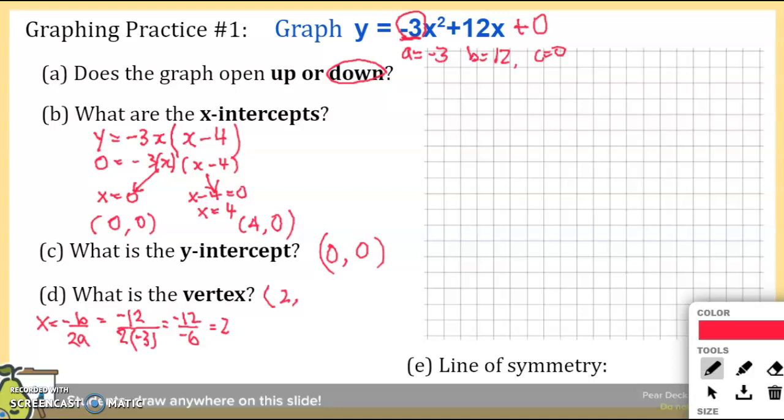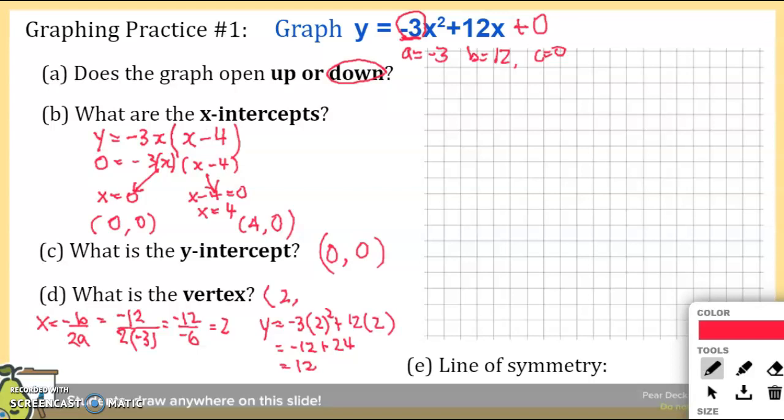What's the y coordinate? To do that, I substitute it into my original equation. So y is going to be equal to negative 3 times x squared plus 12x, so negative 3 times 2 squared plus 12 times 2. And again, I need to do the exponents first. 2 squared is 4, times negative 3 is negative 12. Plus 12 times 2 is 24. So that's going to be positive 12.